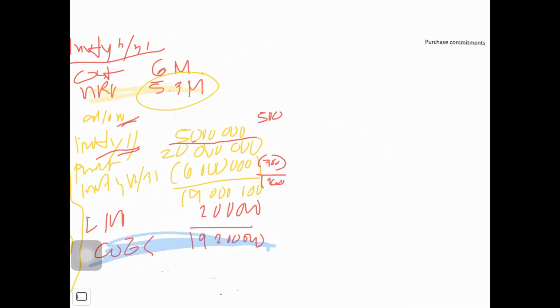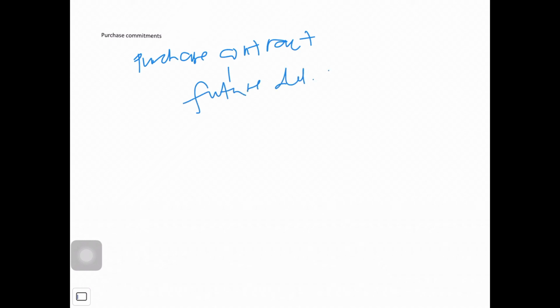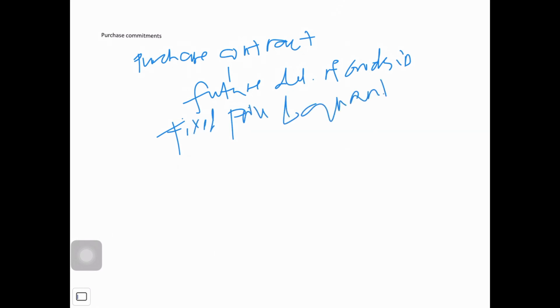Purchase commitment happens if we have a purchase contract, and what is in our purchase contract is a future delivery of goods at a fixed price and quantity. So that is a future purchase commitment, guys.